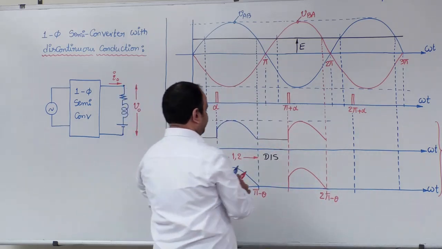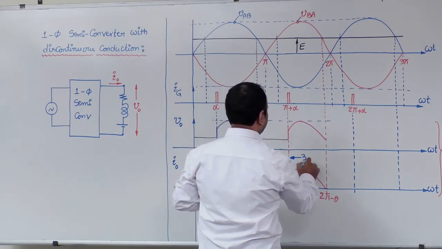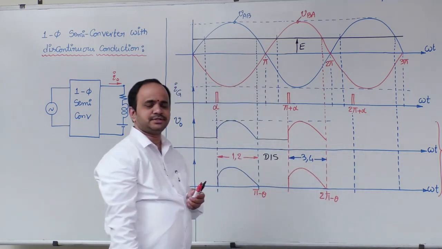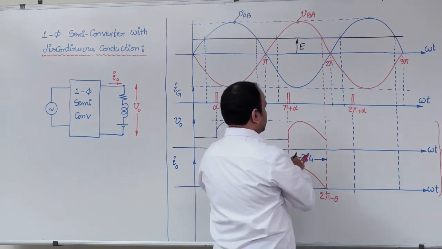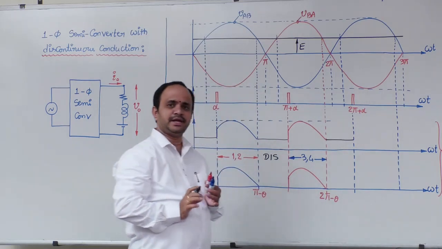So in this interval, third and fourth position devices are in conduction. From 2 pi minus theta to 2 pi plus alpha, there is a discontinuous interval.